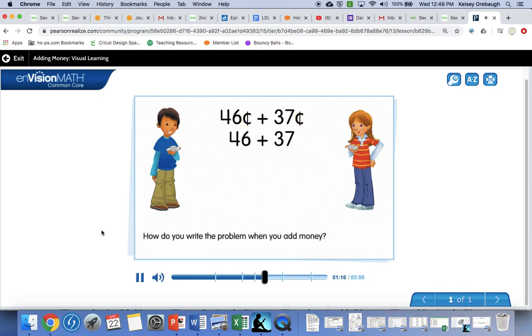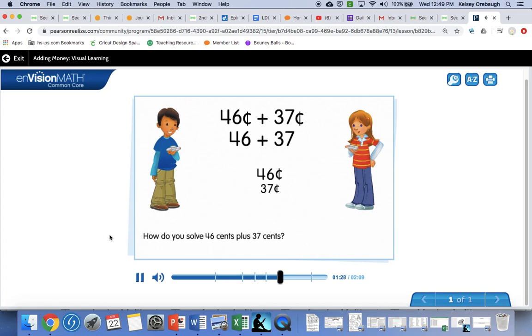How do you write the problem when you add money? How are we going to write this problem when we're adding money? We will continue to keep our cent symbol with 46 cents and 37 cents. And when we get our whole, we will also write the cent symbol. Line up the tens and ones places. Write the cent symbol.